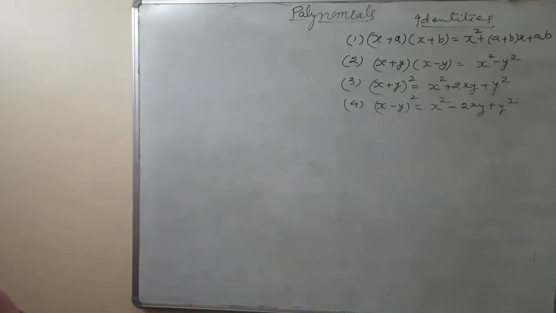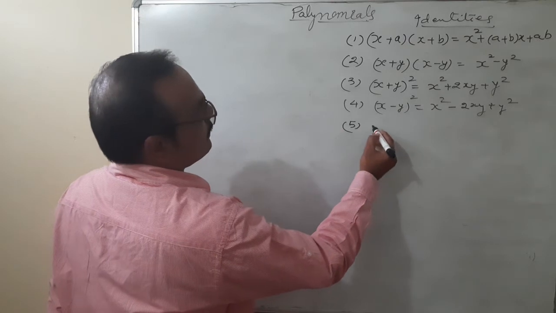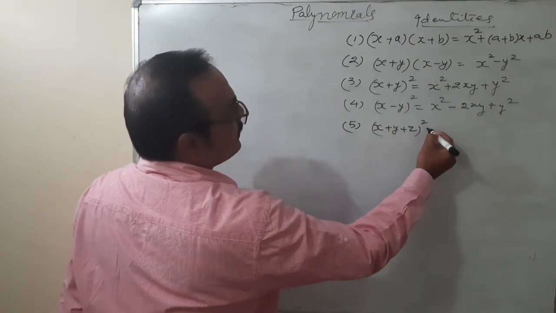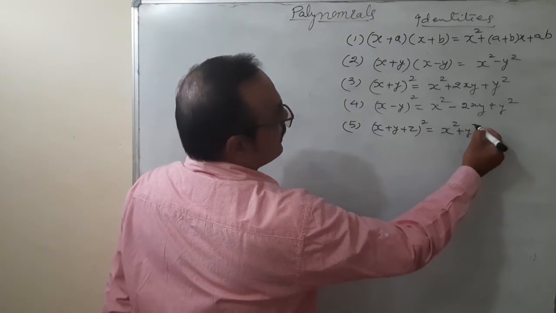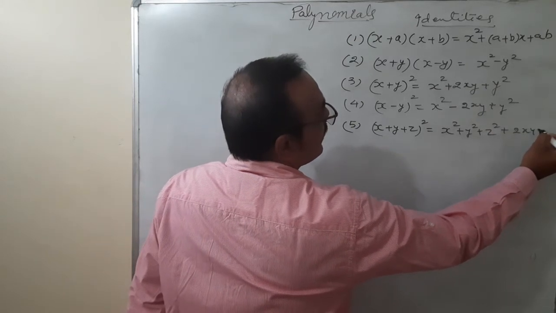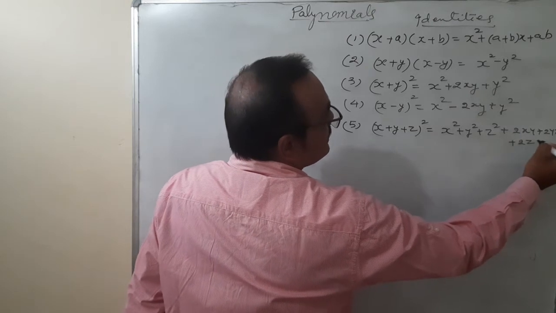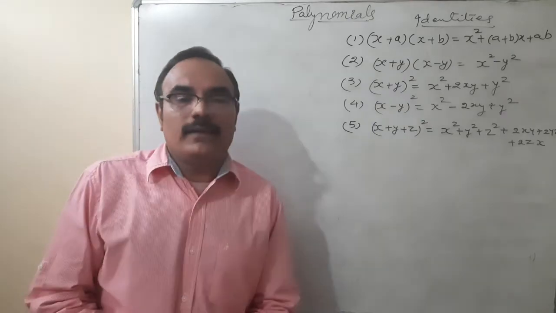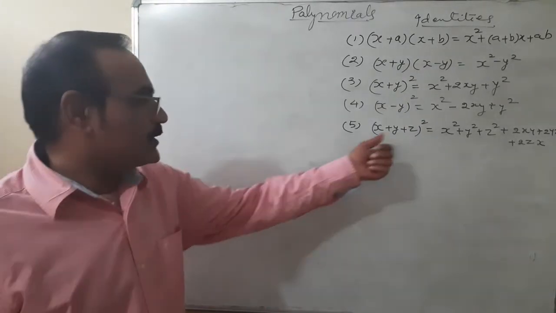So friends, the 5th identity is (x plus y plus z) whole square is equal to x square plus y square plus z square plus 2xy plus 2yz plus 2zx. This is identity number 5. (x plus y plus z) whole square is equal to this. Nothing special to prove in it.